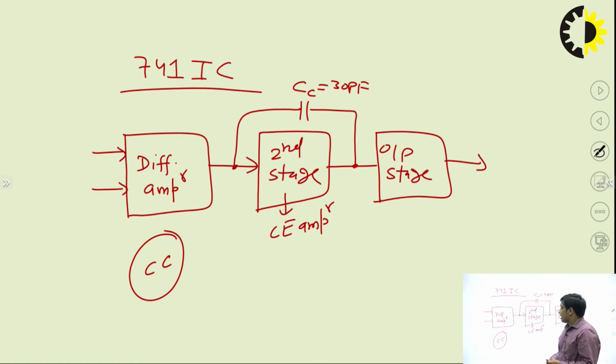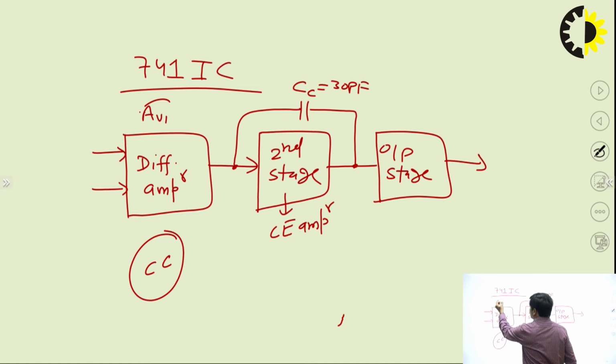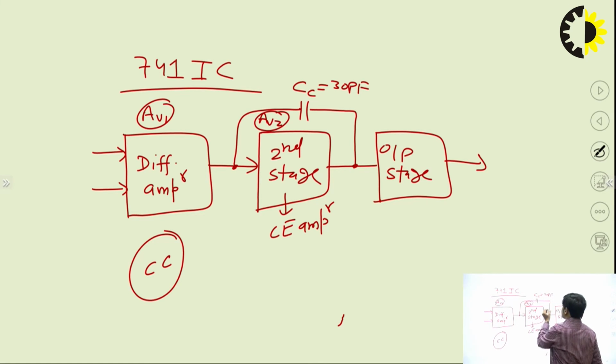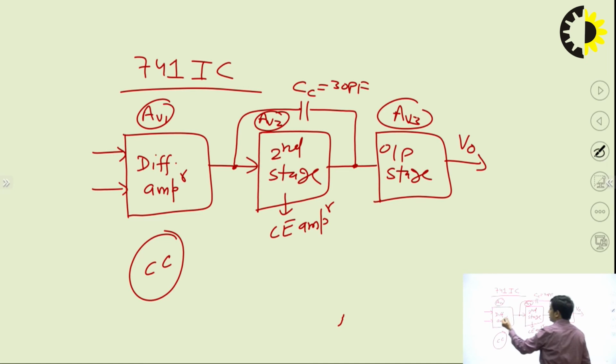Fine. And when we calculate the voltage gain of this 741 IC, let's say the voltage gain of the input stage is AV1, the voltage gain of the second stage is AV2, and the voltage gain of the third stage, the output stage, is AV3, and the output voltage is V0, the input voltage is, let's say, Vi.